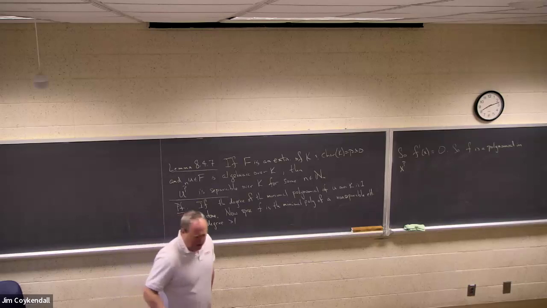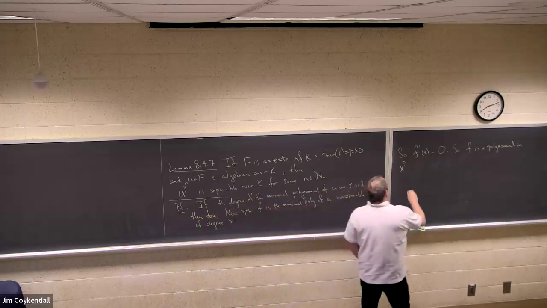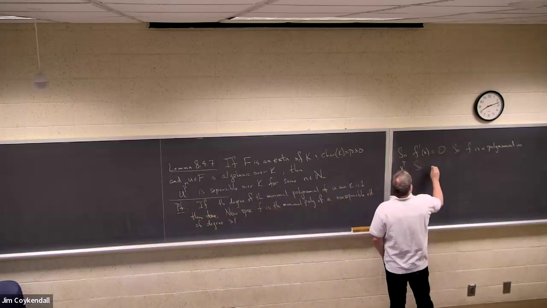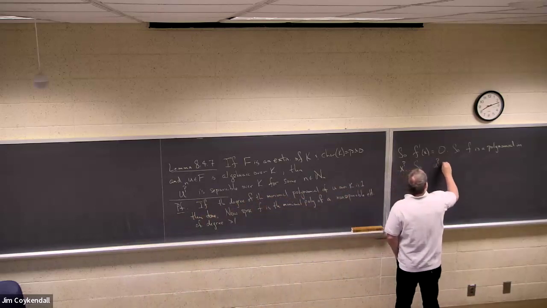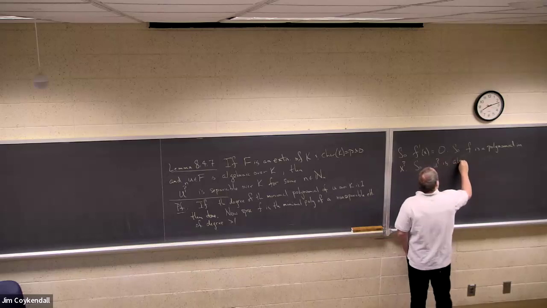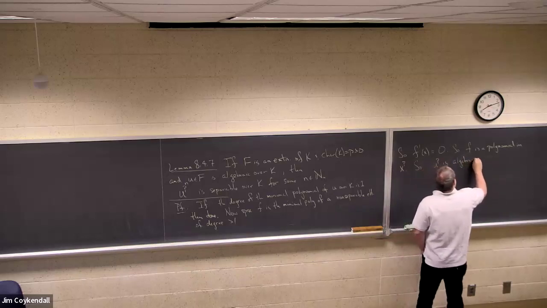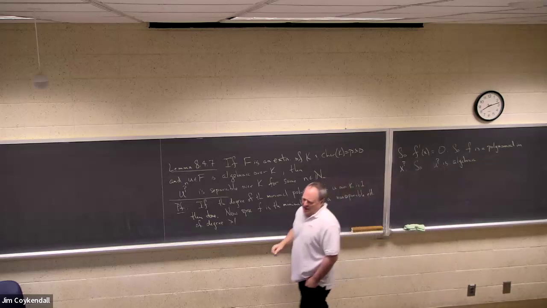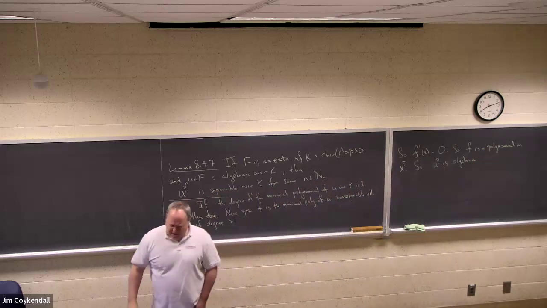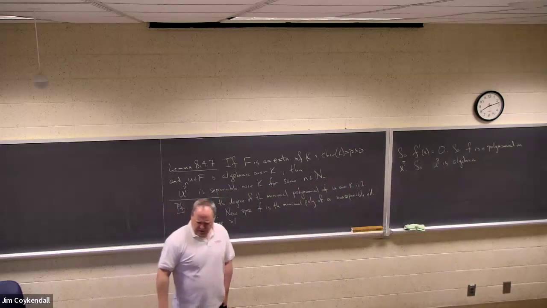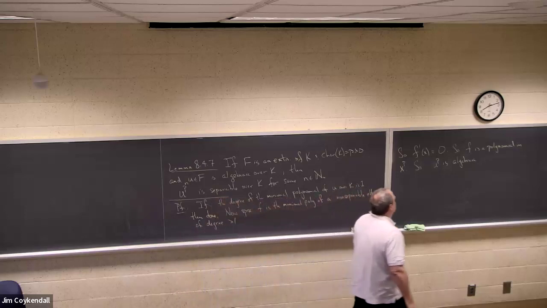That's the only way its formal derivative is identically zero. And so u to the p is algebraic, with degree less than the degree of u.